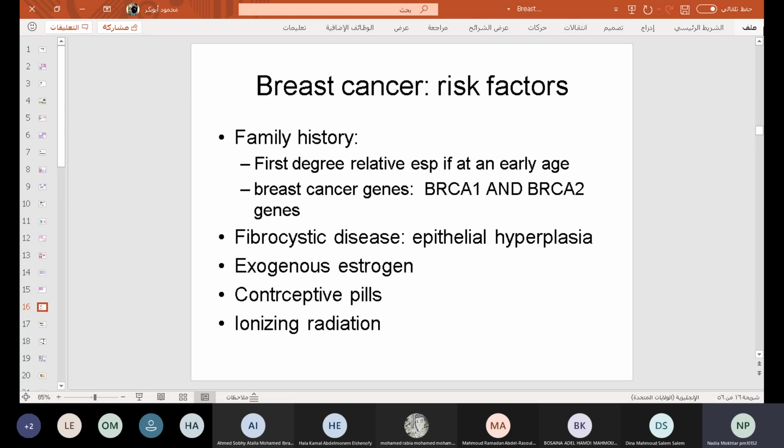So risk factors of the breast will include breast cancer gene 1 and gene 2. These genes are protective for the breast from any mutated change, but if they themselves have lost their function, what we call loss of function, then they will not protect the breast from mutational changes and cancer may occur. These genes, if they are lost or mutated, then probably they will be inherited by the second generation.